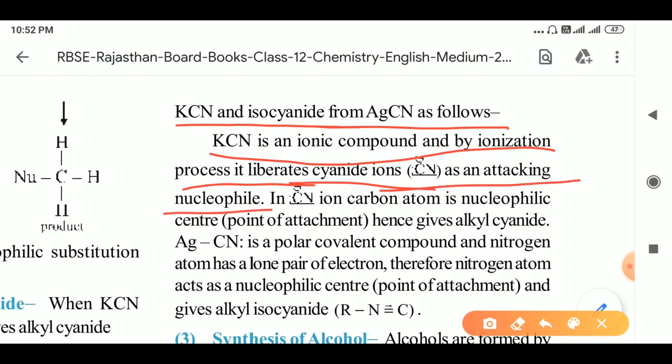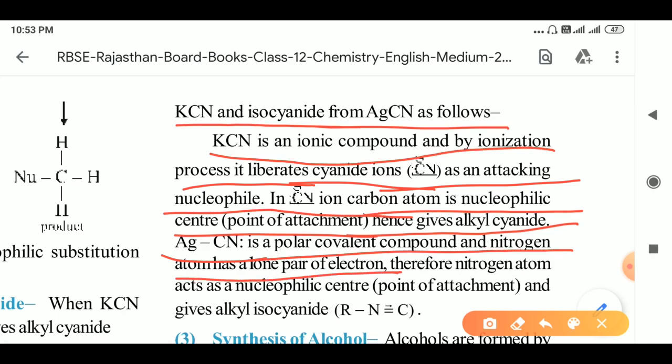In the cyanide ion, the carbon atom is the nucleophilic center, because the negative charge is present on carbon, hence it gives alkyl cyanide. AgCN is a polar covalent compound, and the nitrogen atom has a lone pair of electrons.